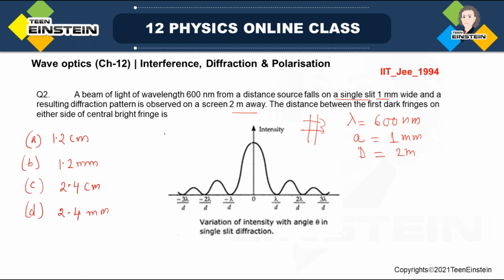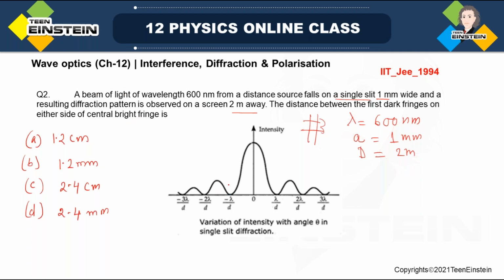A beam of wavelength 600 nanometer from a distant source falls on a single slit of 1 millimeter wide, the pattern is observed on a screen 2 meter away.